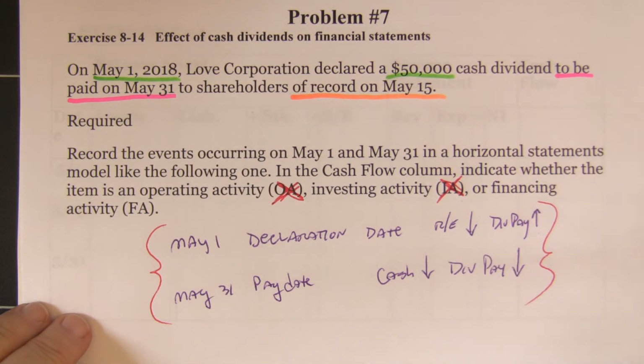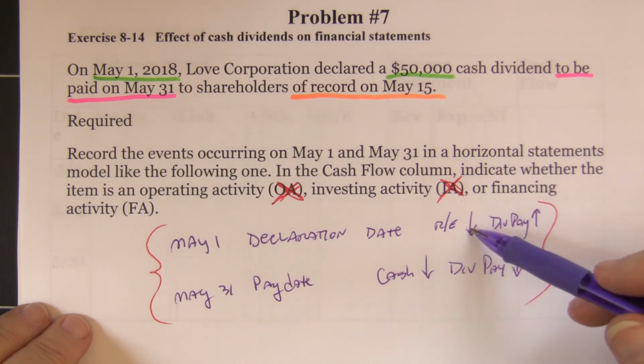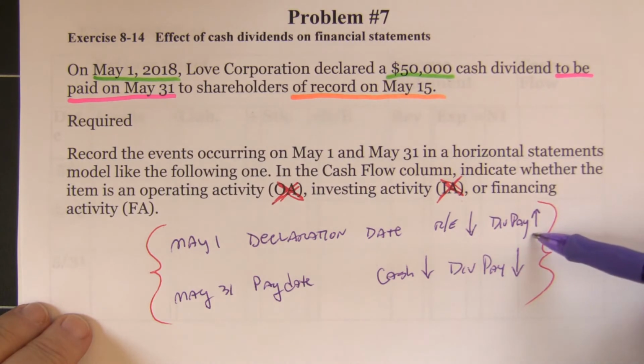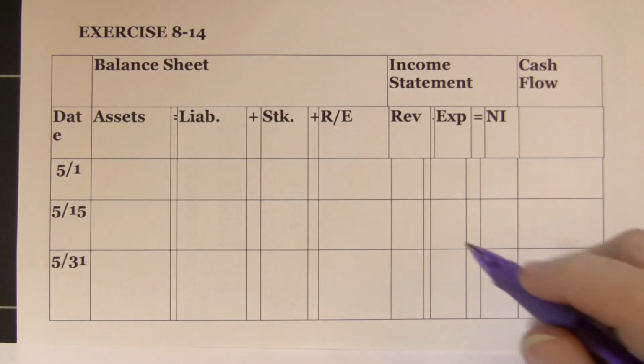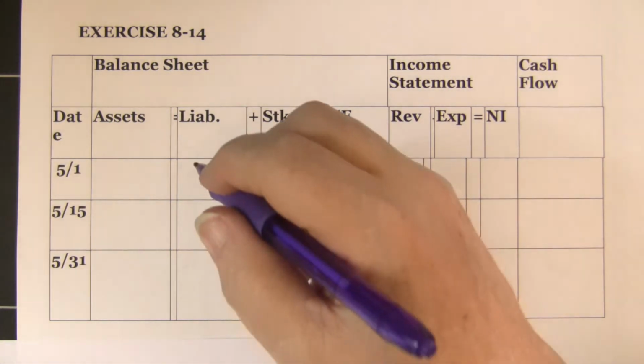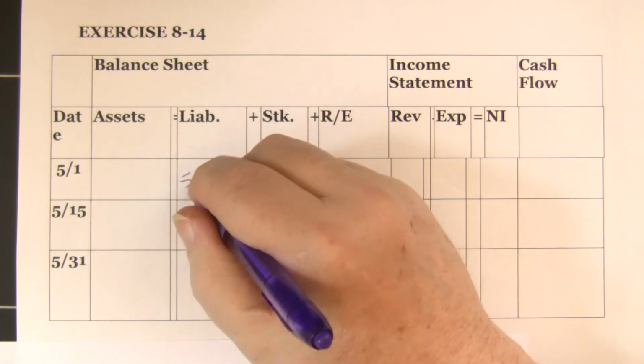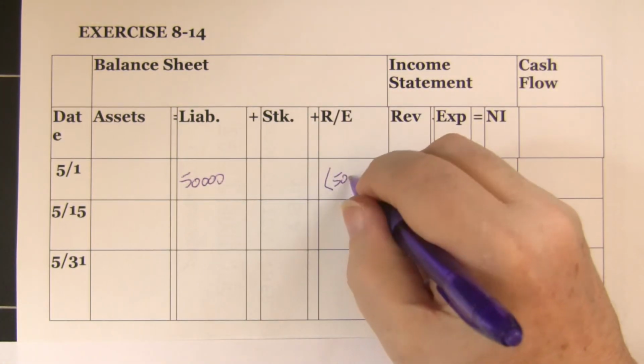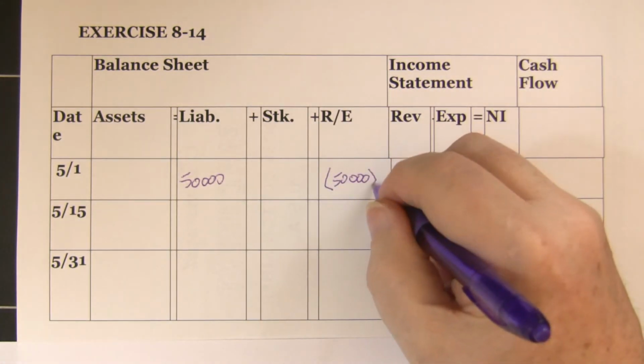So on May 1st, we're going to record a decrease of retained earnings of $50,000 and an increase in liabilities of $50,000. So our liabilities are going to go up $50,000. Our retained earnings are going to go down $50,000.